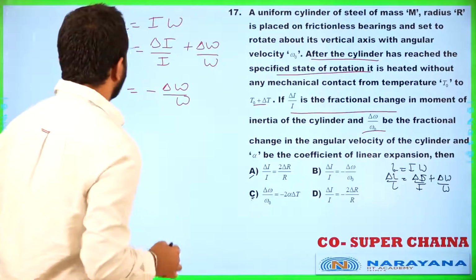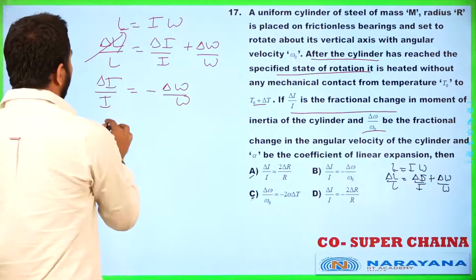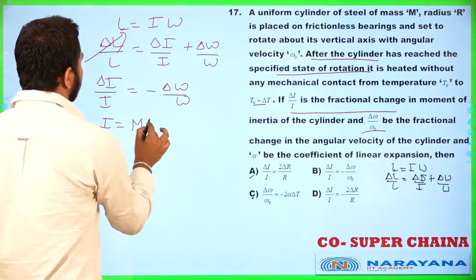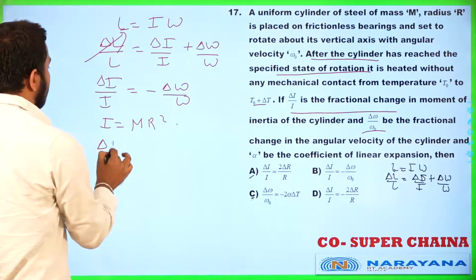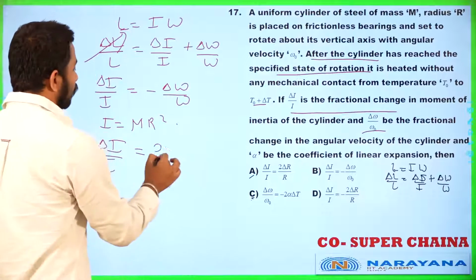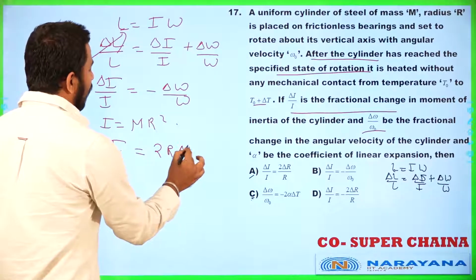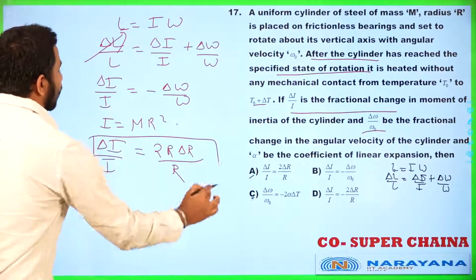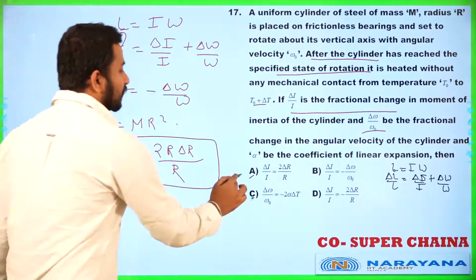And for a uniform cylinder, the moment of inertia I can be written as m r square. So I can write here delta I by I comes as 2 r delta r by r, right? So the first option is correct.